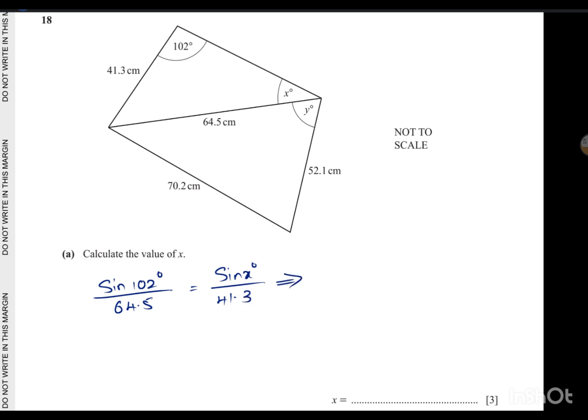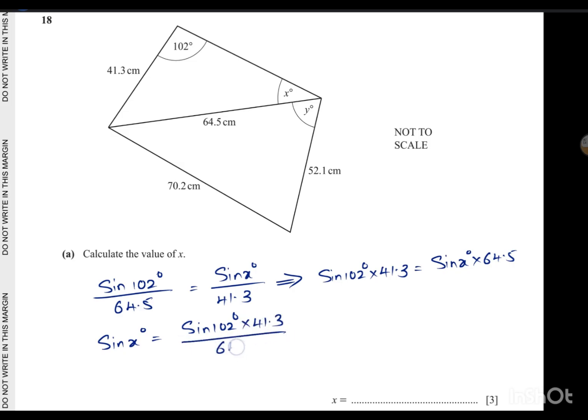Cross multiply: sine 102 into 41.3 is equal to sine x into 64.5. Keeping sine x on one side of the equation, if you bring 64.5 to the other side, sine 102 into 41.3 by 64.5 will be in the denominator.